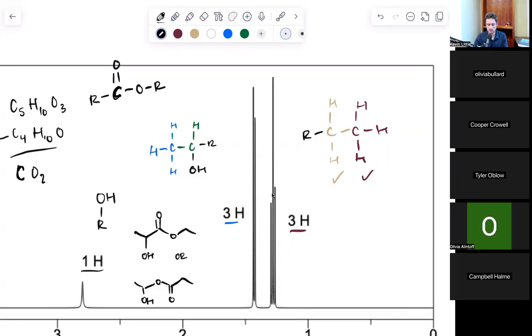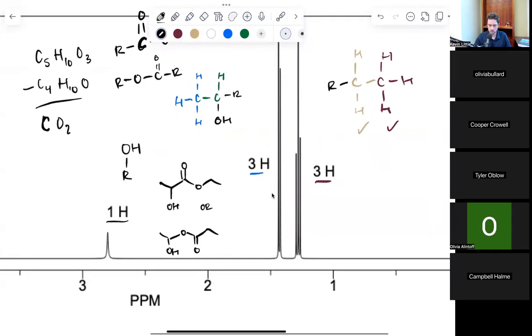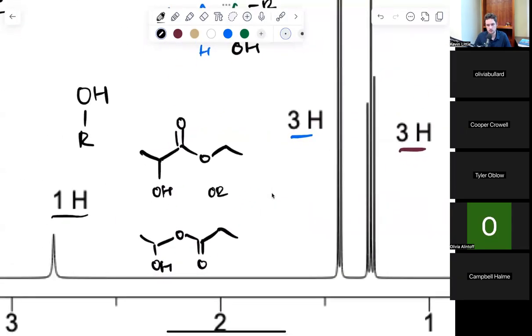I can either orient it like that or like this. Then we have to justify it. Which one makes more sense with the NMR we're given?